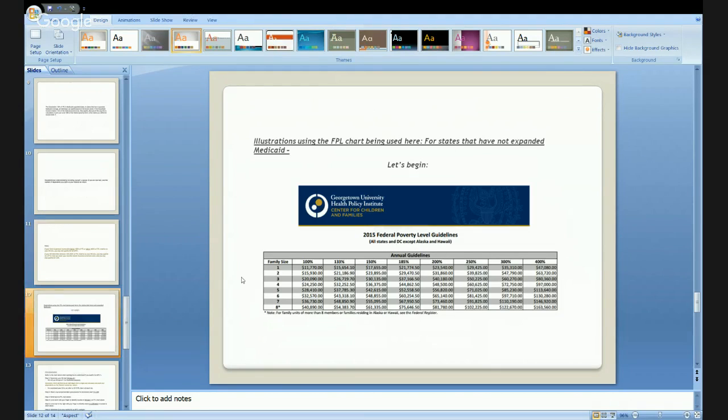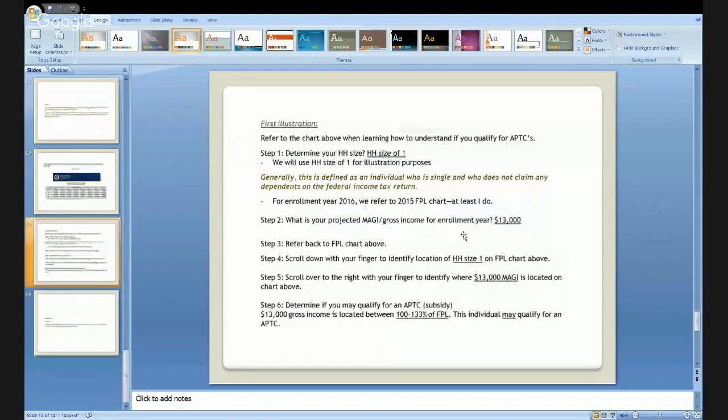Again, here's a quick look at the chart, and you can start seeing how these numbers are falling within certain percentages of the federal poverty limit, as I was describing in some of the slides above. Okay, so we're going to refer to the chart above when learning how to understand if you may qualify for an advanced premium tax credit.